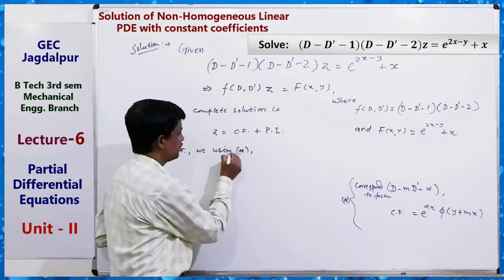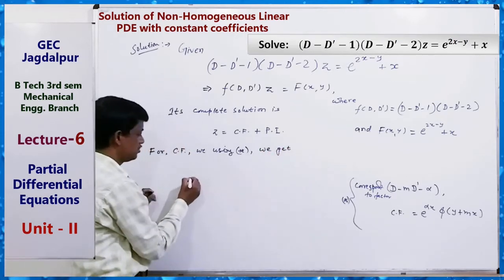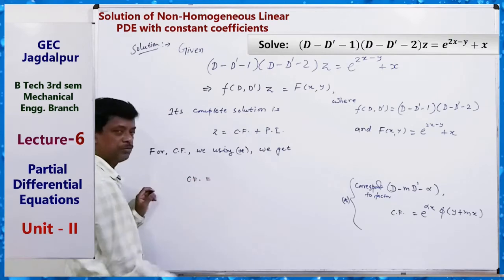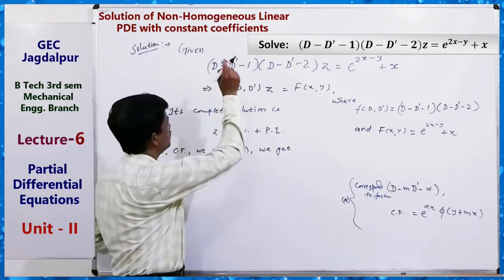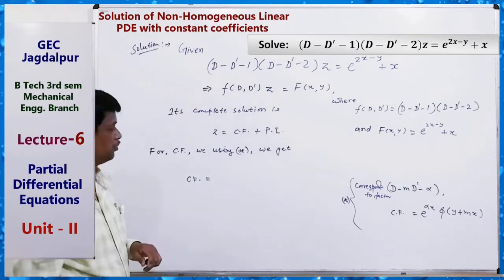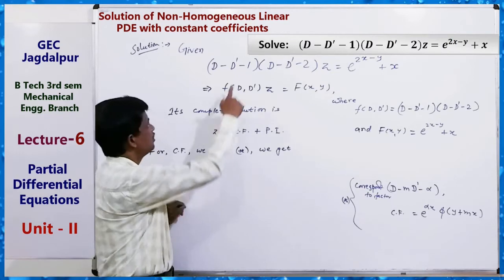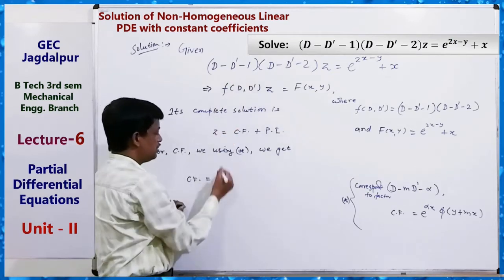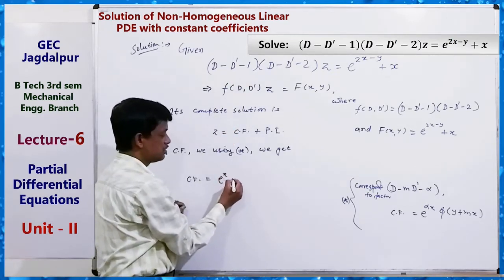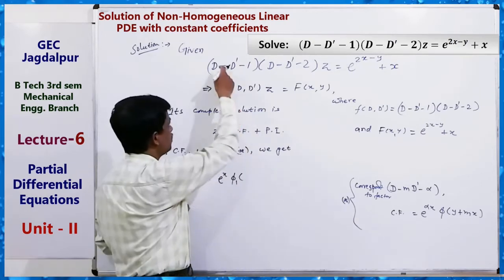Using star, we get CF equals to what? For this factor, we can write by using this formula. Alpha means 1, so e to the power x, phi 1 of y plus mx.